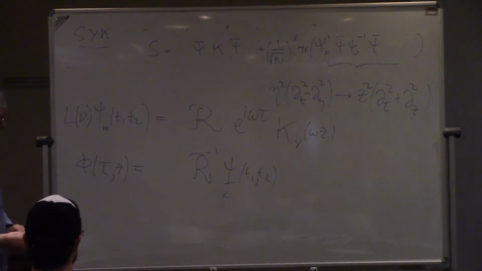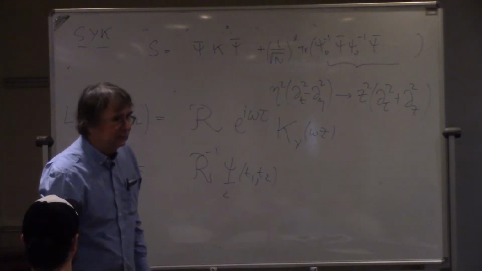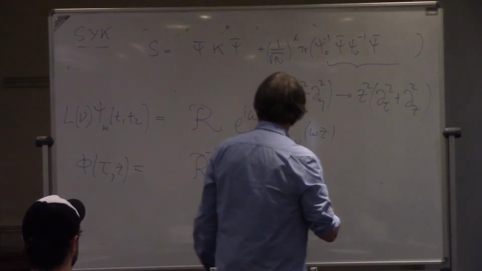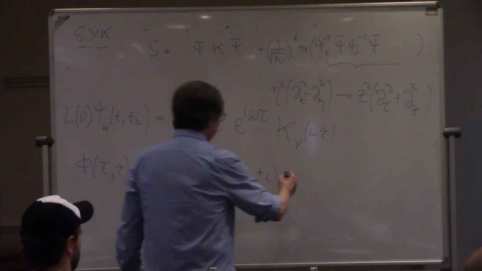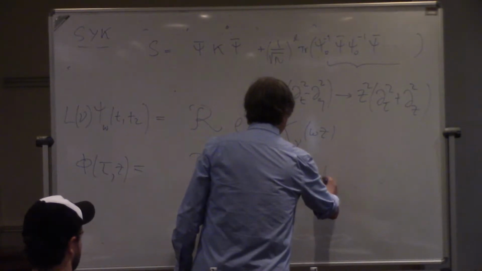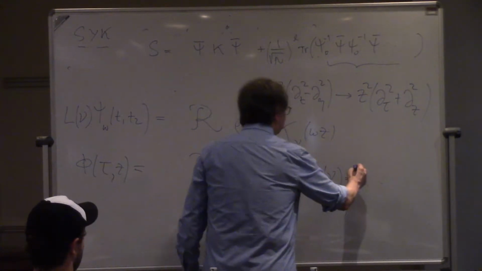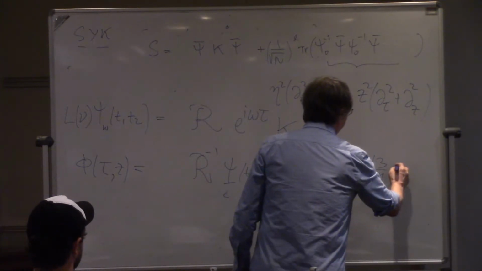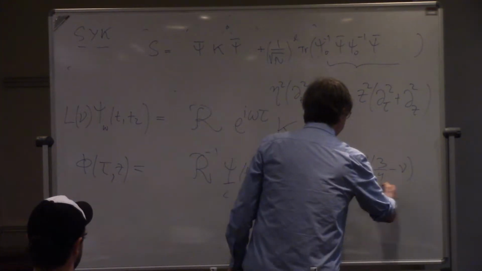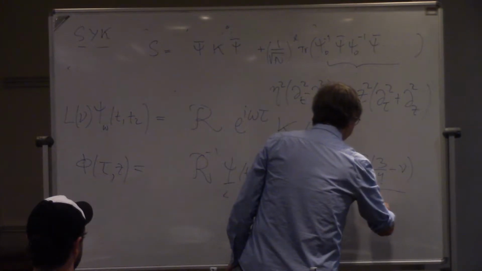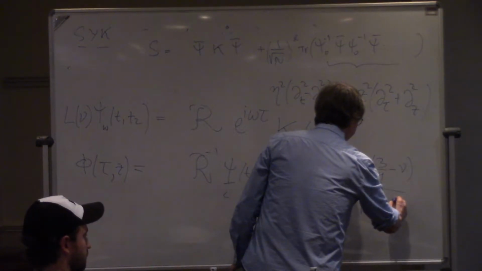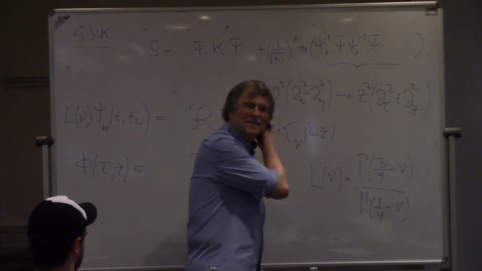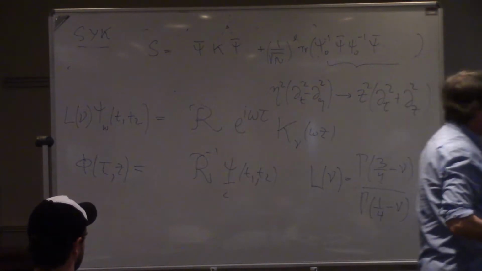And the upshot of the whole thing is that after we do the transform, the lag factor is essentially gamma of 3/4 minus mu divided by gamma of 1/4 minus mu. And it means the following.